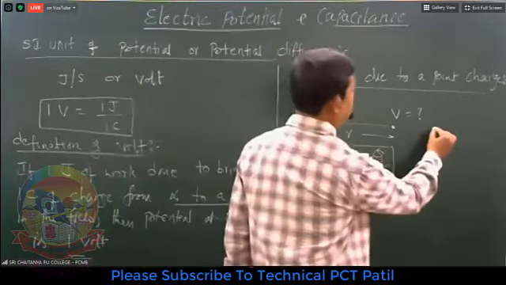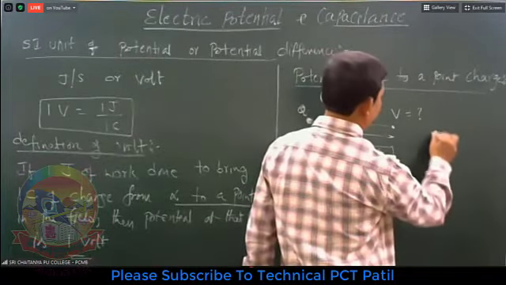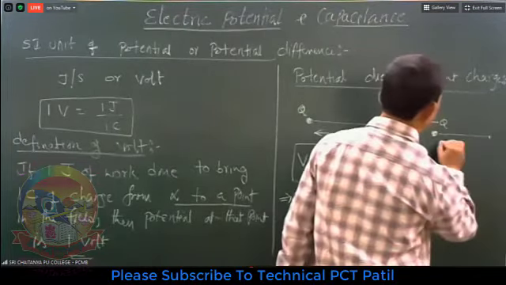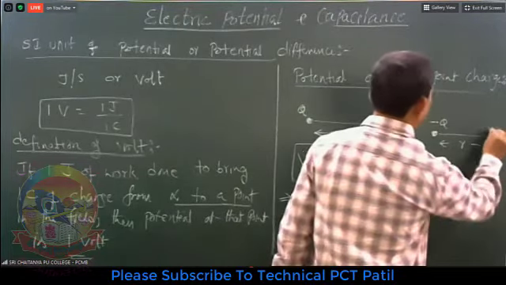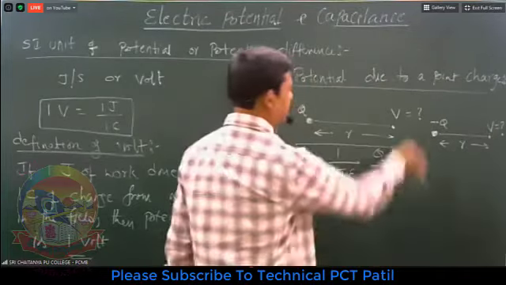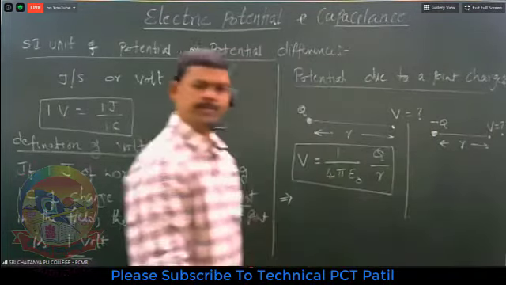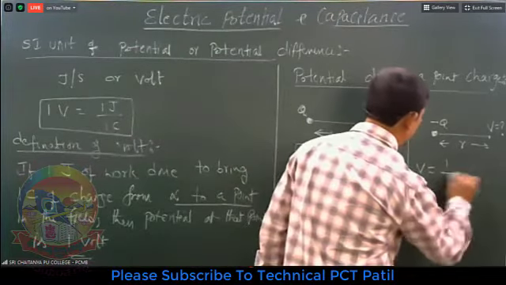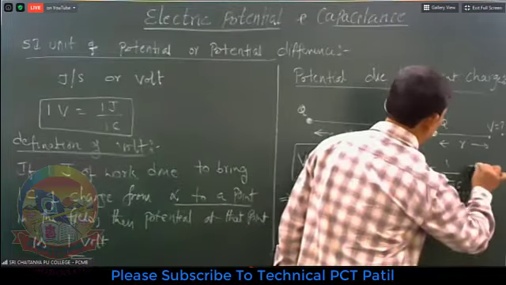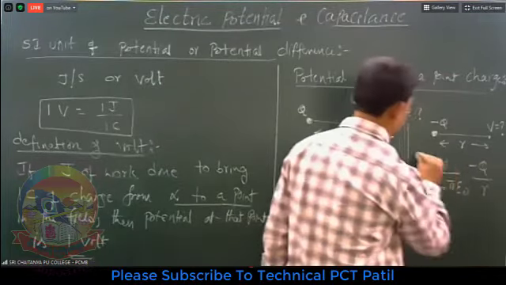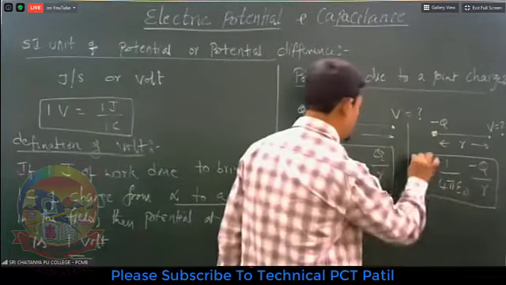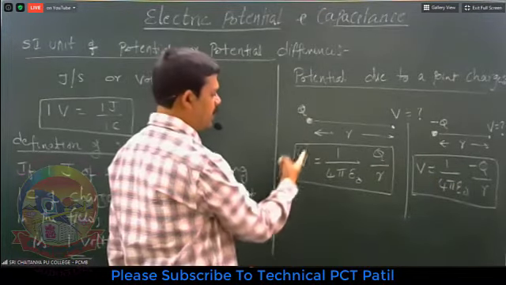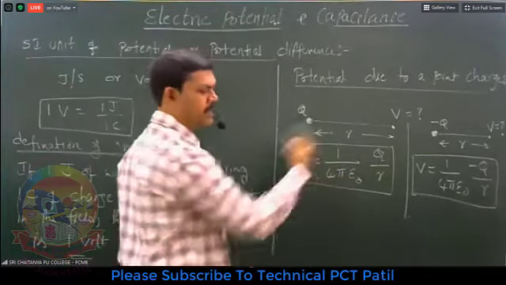If I place a negative charge here, if I place minus Q, what is the potential at a distance R? Potential is 1 by 4 pi epsilon naught times minus Q by R. If the charge is positive, the potential is also positive.